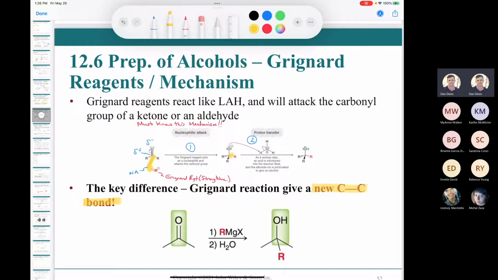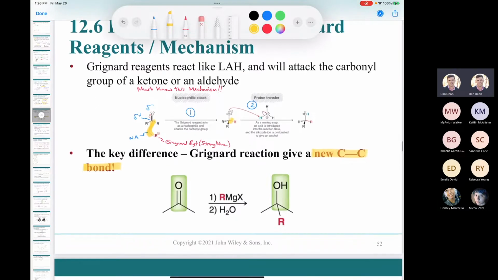Extremely, extremely useful. Now, there's something I want to point out to you. As David Klein, the author of the textbook, has released new editions, he makes small changes. One small change he has made from the first, second, and third edition to the fourth edition, which is the edition that you guys have, is that instead of just adding water in the second step, oftentimes he'll put H3O+ now.